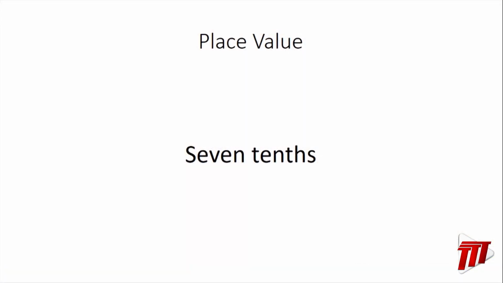What can we say about 7 tenths? We know that it represents a value that is less than 1 whole. So to represent 7 tenths, we are going to use 1 whole and separate that whole into 10 equal parts.